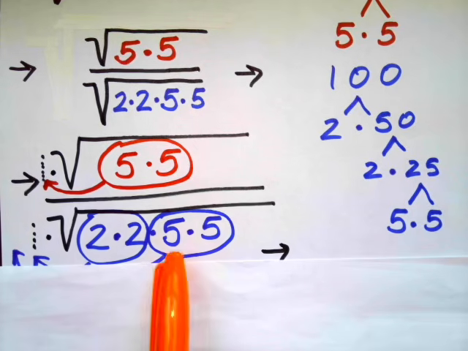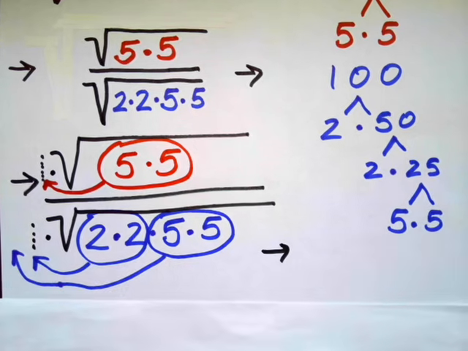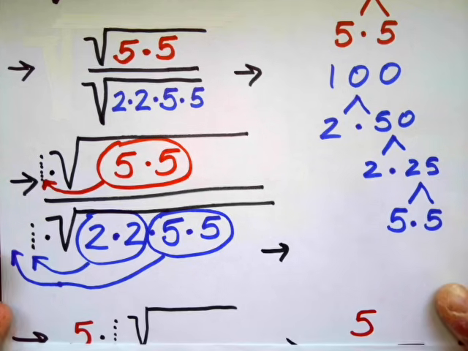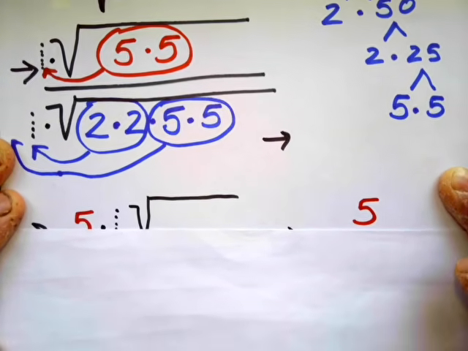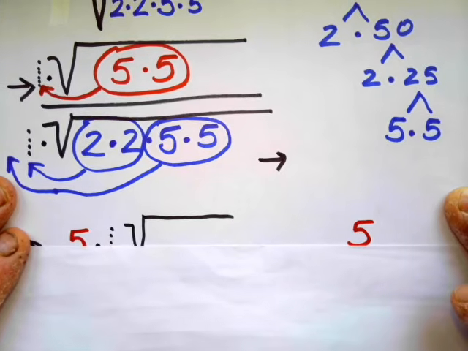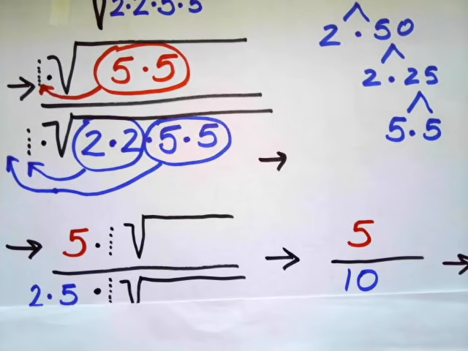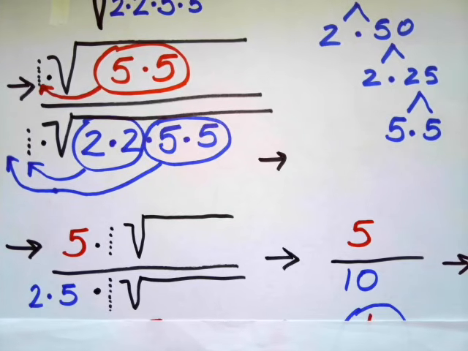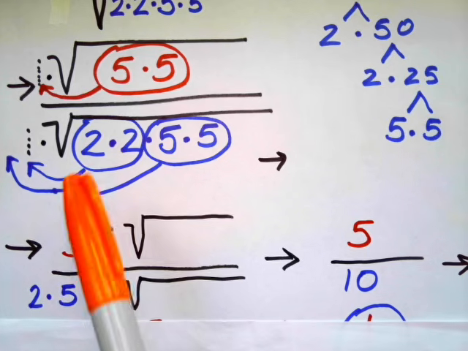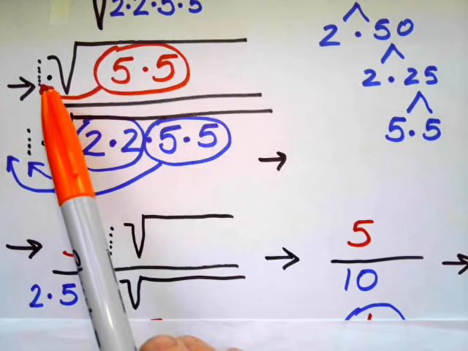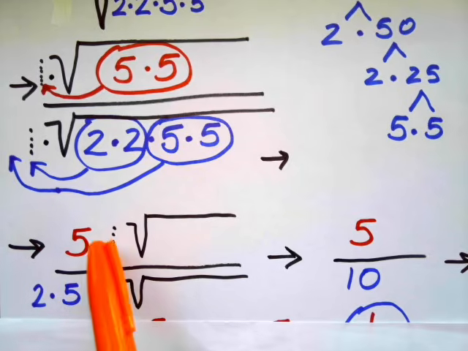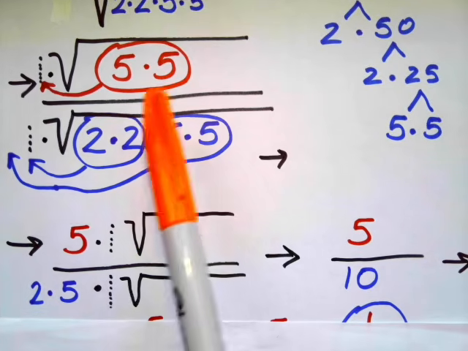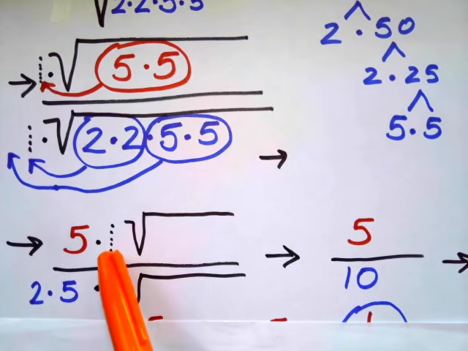You have two 5s, so you pull out one 5. I'm going to show you in these next steps how you can simplify a little further. On top, you pulled out one term of 5, and 5 times 1 is 5.